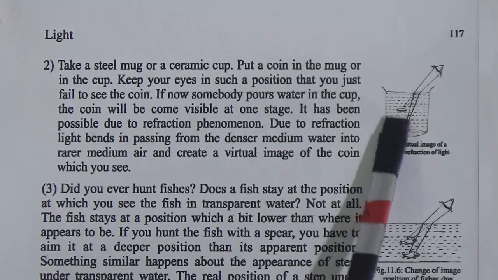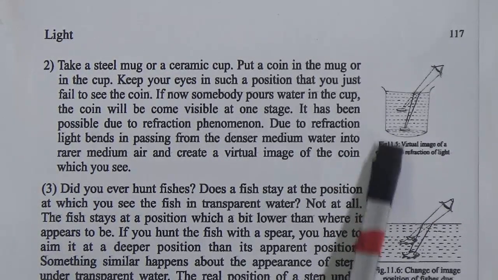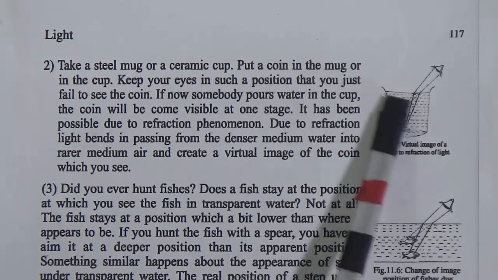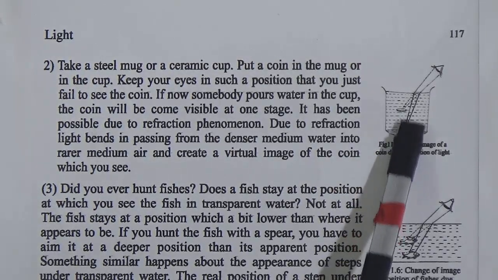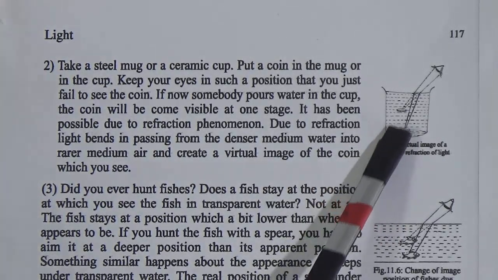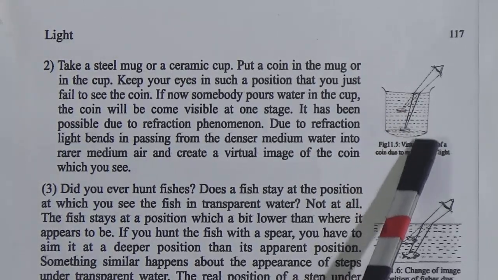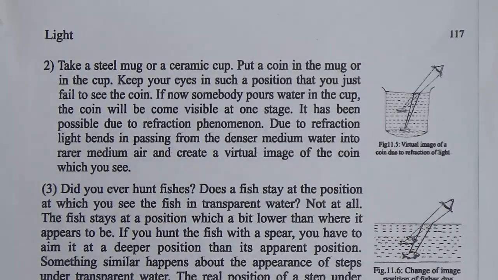That upper one is the virtual image of the coin. If you observe it at home, you can easily see this, because of the refraction of light, the virtual image is created at that position, above the real position. Now come to the next one.